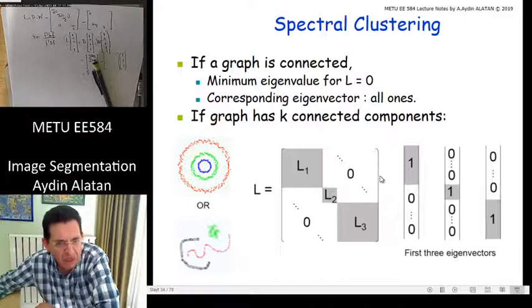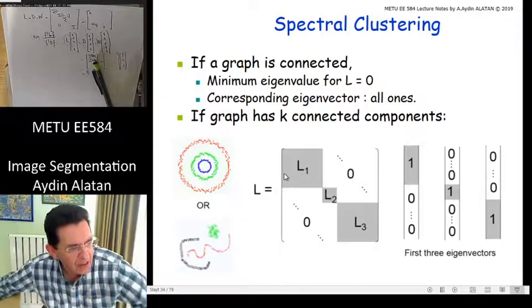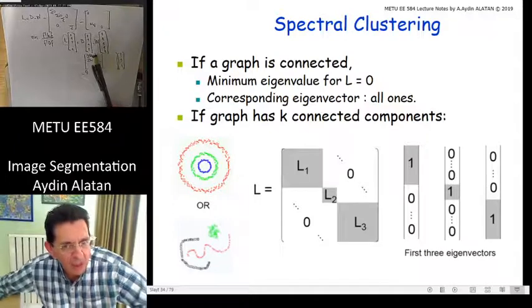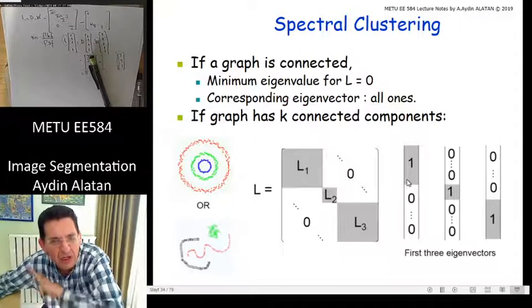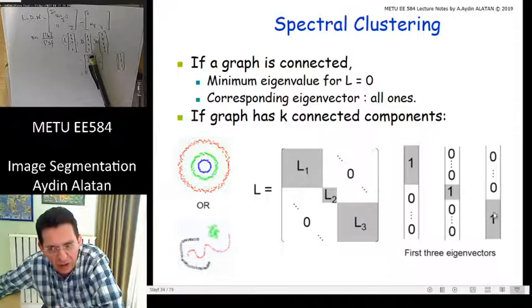And all the others will be 0. And in this way, please note that as before, this connected subgraph multiplied with ones will give you a beautiful 0 for the Laplacian inside. Similarly, this one will make this one 0, that one.